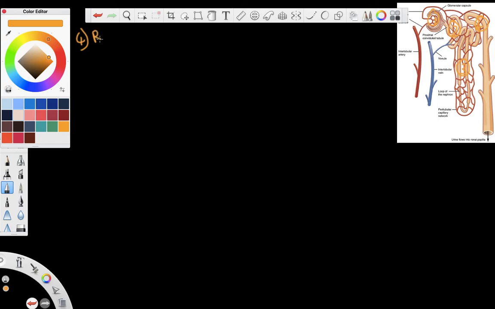So reabsorption of water by the distal convoluted tubule.